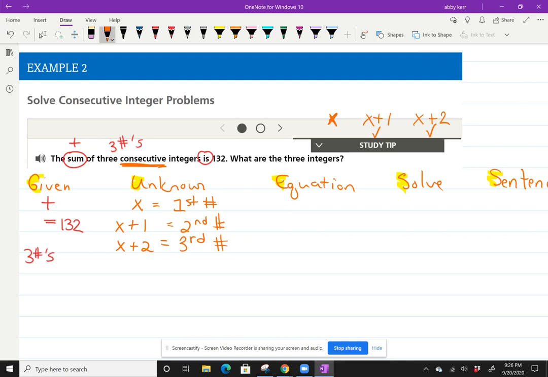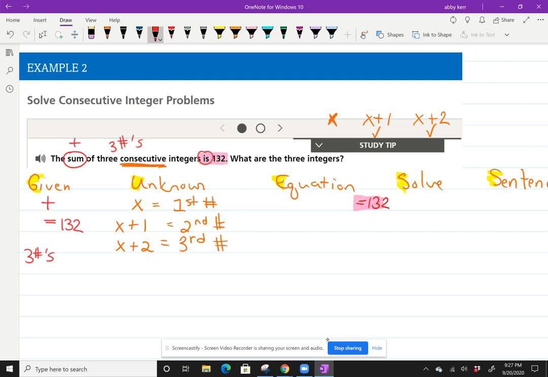The only difference between the numbers that I just made up and the numbers that go with this problem is this equals 132. So that is where the equation comes in. We know that it has to equal 132. The problem told us that.